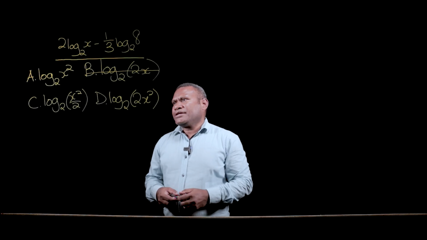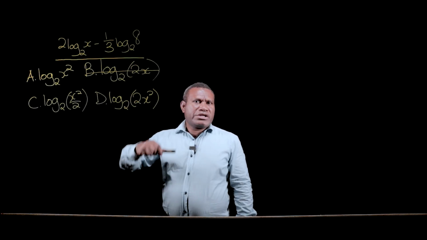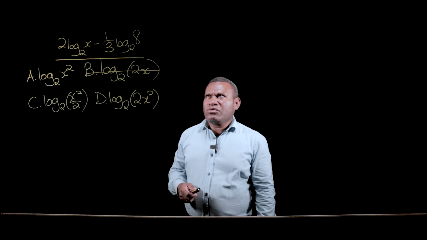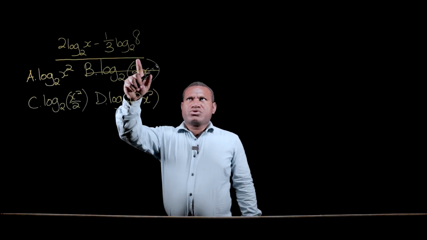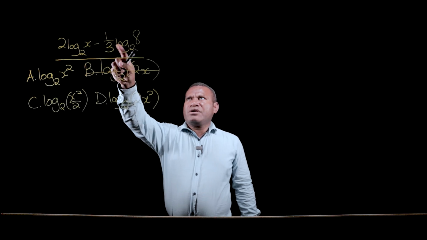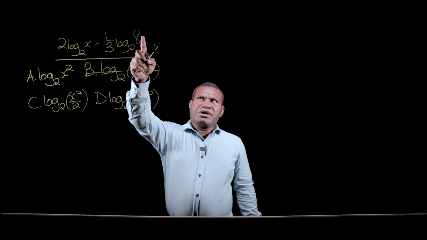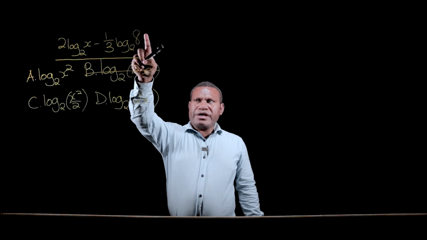Now, we look at the second expression, 1/3 log x to base 2. Similar to this one, if we bring this 1/3 to this side, it becomes the exponent or the power of 8.